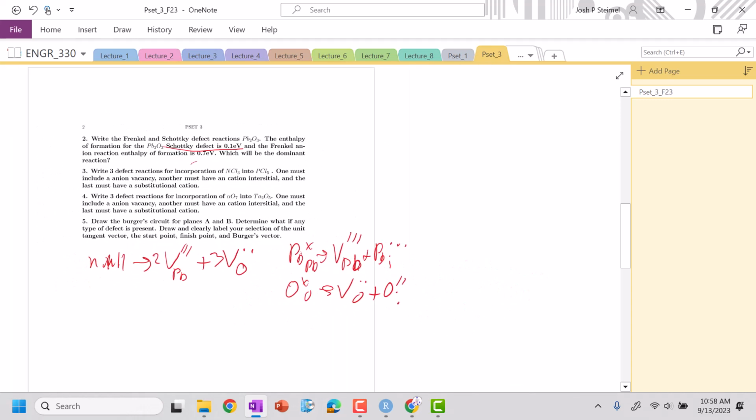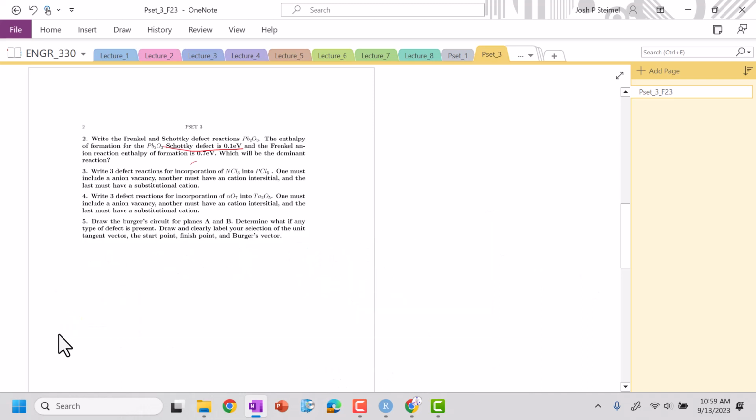All right. Let's write three defect reactions for the incorporation of NCl3 into PCl5. One must include an anion vacancy, so vacancy in Cl, so that's 1. So Cl minus to 0, so that's going to give me a +1 there.